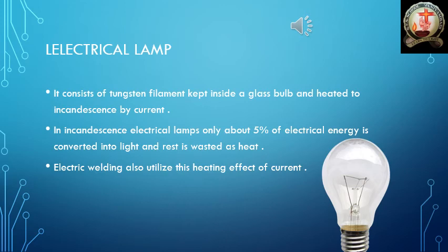But out of 100 amperes of current, only 5% is converted into light energy, and the remaining 95% is converted to heat energy.